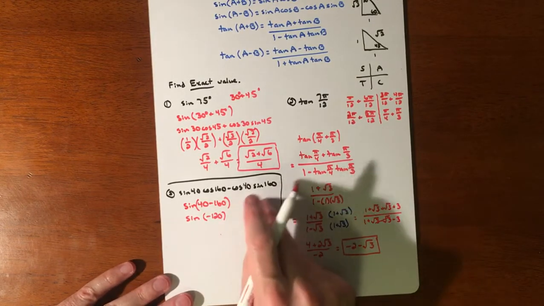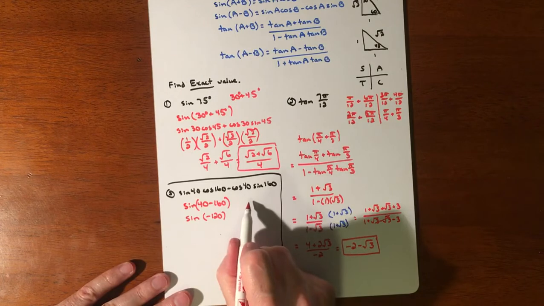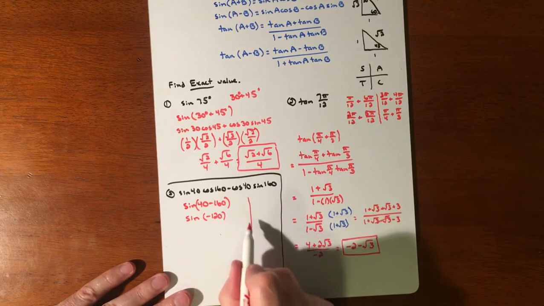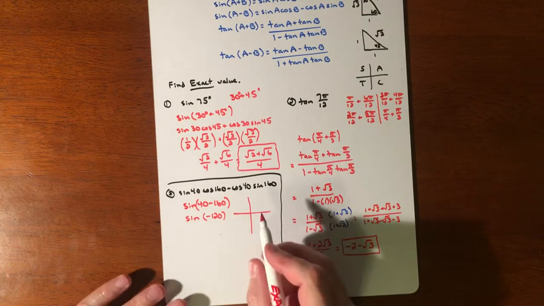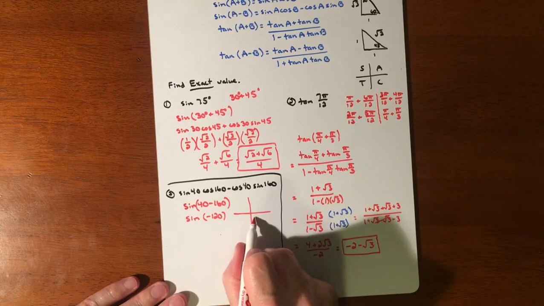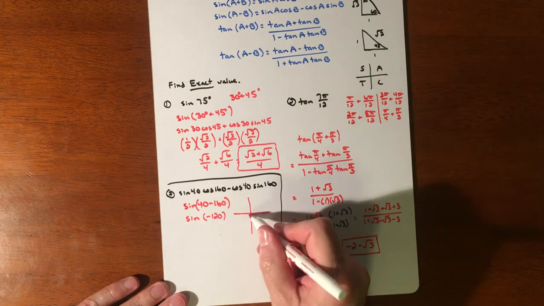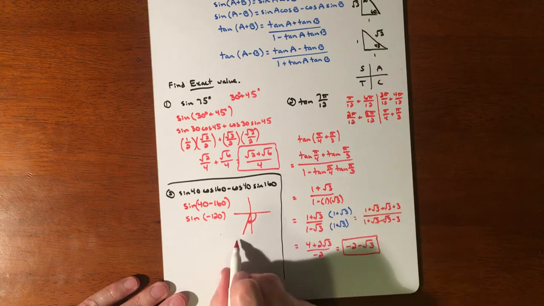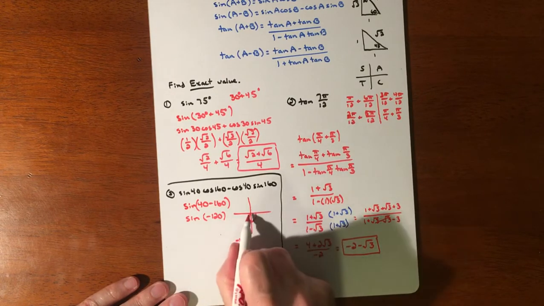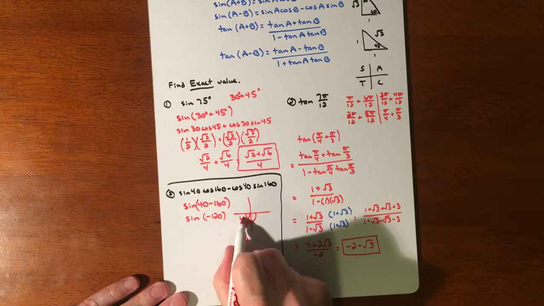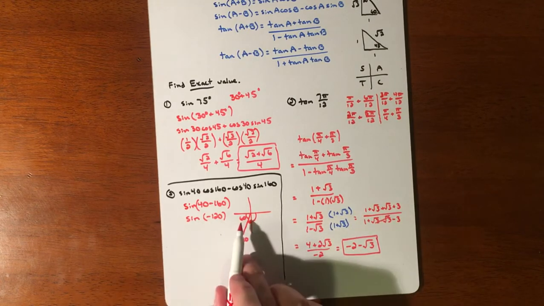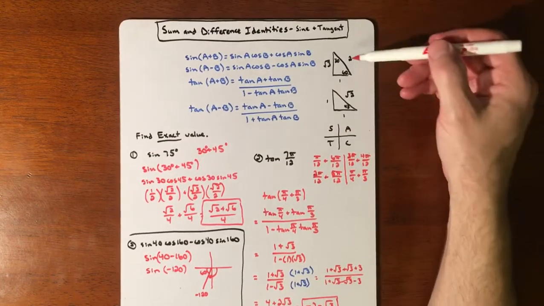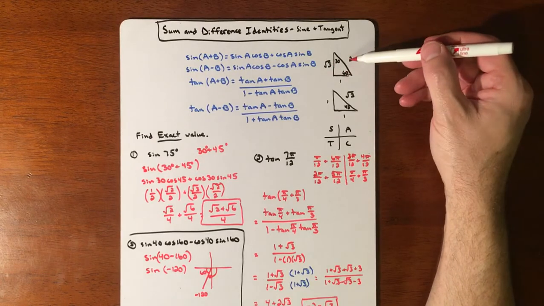I've got to figure out what my reference angle is and the quadrant that we're in. If we draw negative 120, we're going in this direction and we are down here. The reference angle we're looking at is a 60. So we're really doing sine of 60, which is root 3 over 2.